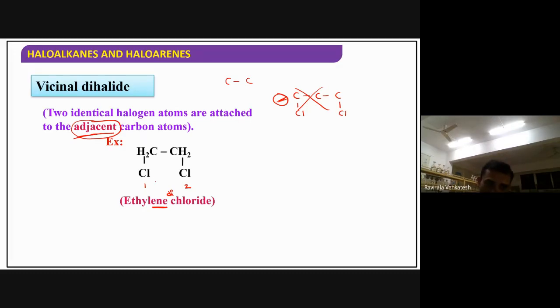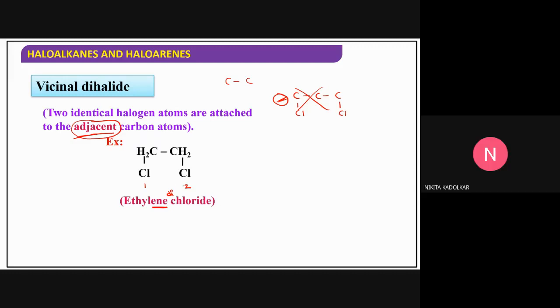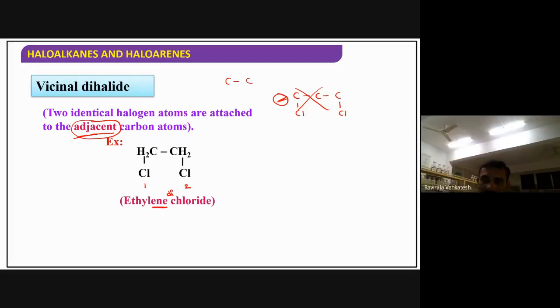Now what about IUPAC nomenclature for this one? 1,2-dichloroethane. Let me take one more example also. CH3, CH, iodine, CH, iodine, and here it is CH2, CH3. Now, what is the nomenclature? Common name in terms of vicinal, tell me.